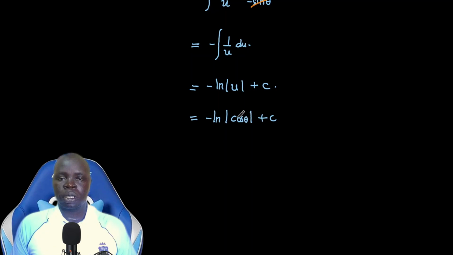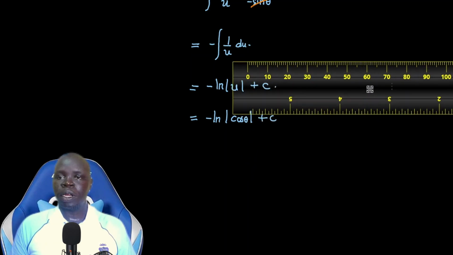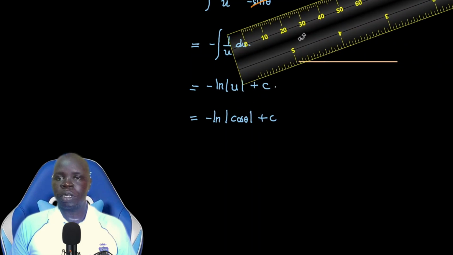So our solution here is in terms of theta, but the question was in terms of x. So for us to get back x, we can draw a triangle, which can be used to generate the relationship. So let's move on and draw our triangle here. Maybe you can extend a little bit and have our triangle written like that.